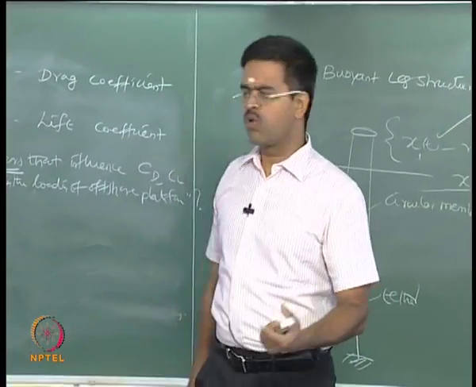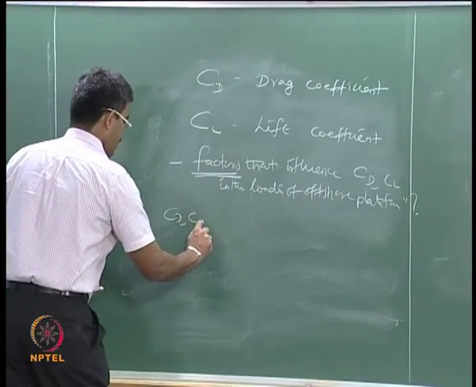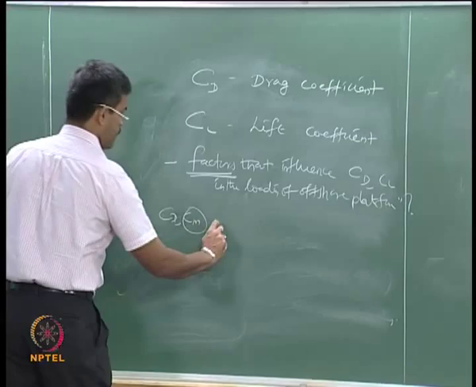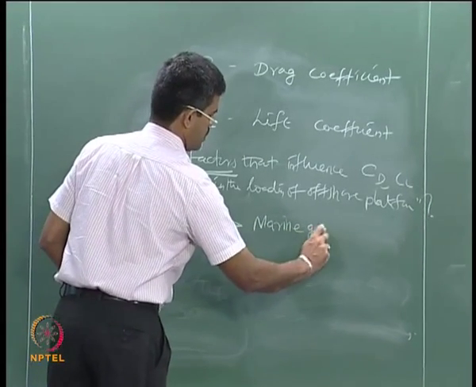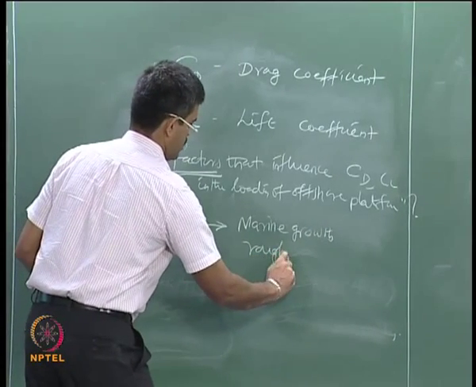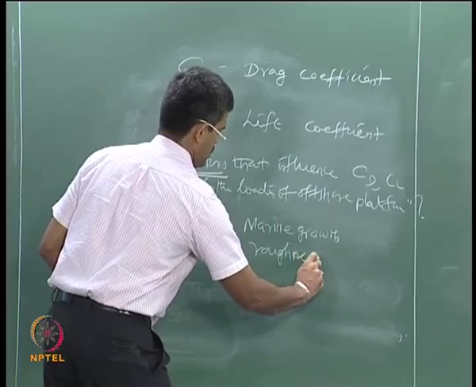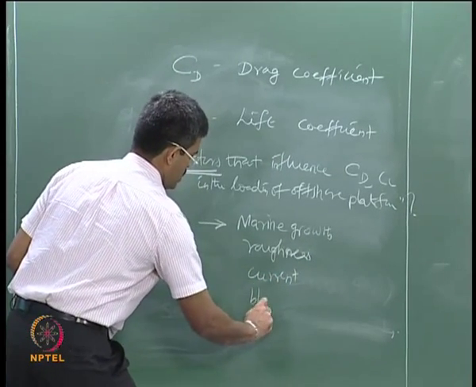I can just give a clue for you, CD and CM are affected essentially by marine growth, roughness, presence of current, blockage. I mean there are many factors.